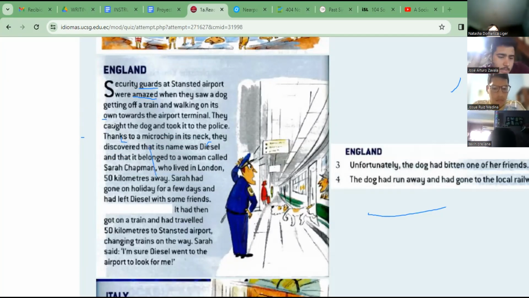They discovered that his name was Diesel and that it belonged to a woman called Sarah Chapman, who lived in London, 50 kilometers away. Sarah had gone on holiday for a few days and had left Diesel with some friends. It had then got on a train and had traveled 50 kilometers to Stansted Airport, changing trains on the way. Sarah says, "I'm sure Diesel went to the airport to look for me."